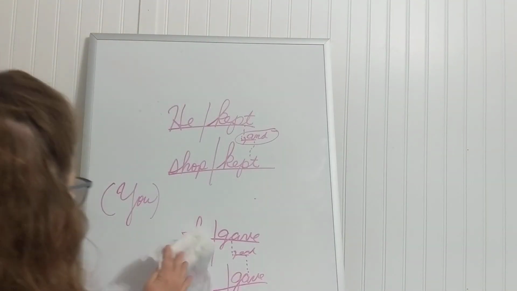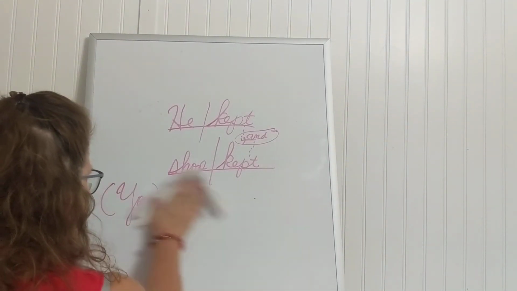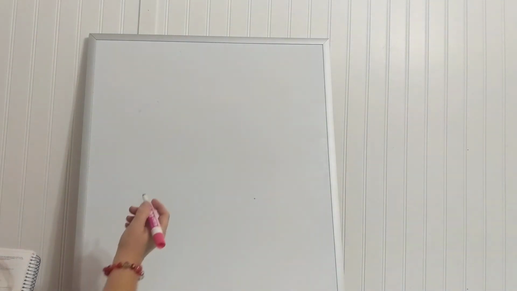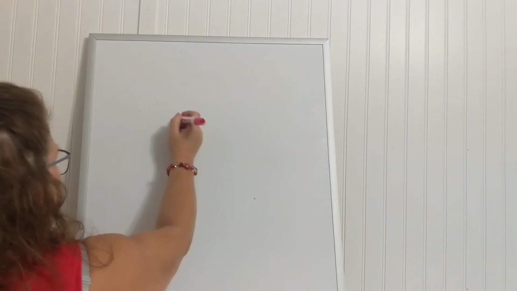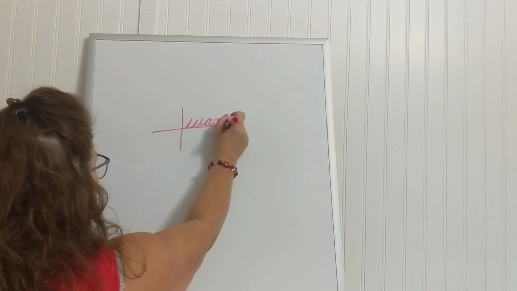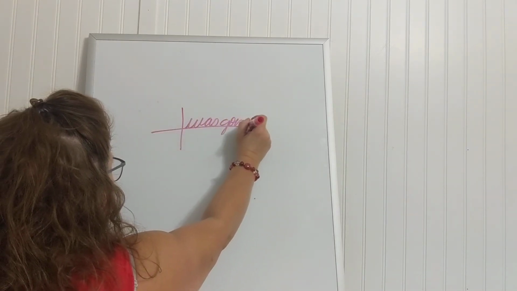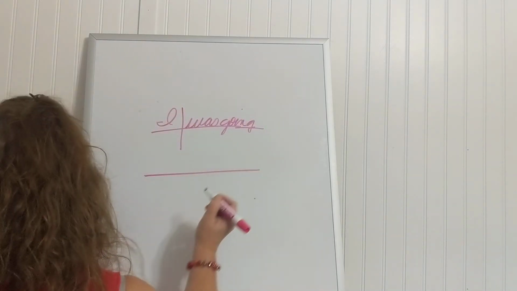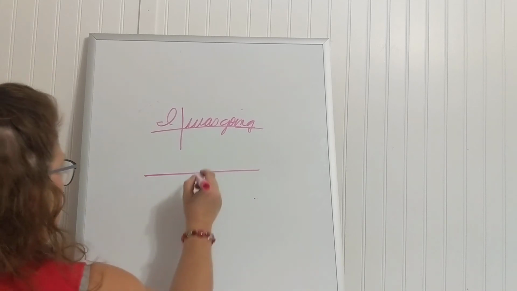It's another compound sentence. I wanted to diagram the compound sentences with you today. So it would be was going. Our verb goes on one line. It's a verb phrase. Who or what was going? I. And our second verb is stopped.